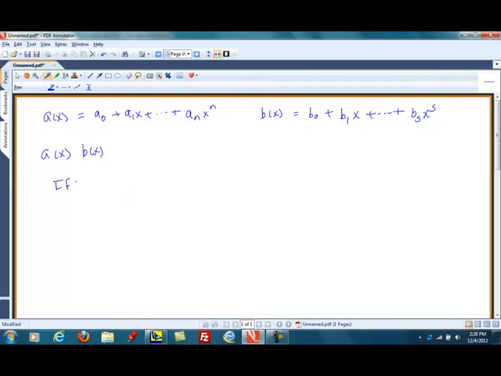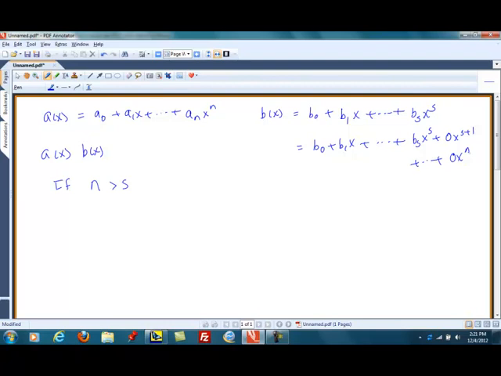So suppose n is bigger than s, then we're going to append onto the end of it, b of x will be b0, b1x, up to b_s x to the s plus 0 x to the s plus 1, and just put zeros onto the end so that you can take it up to x to the n, so it has the same number of elements. They do that to make the notation easy. So that's the first thing that they do, is they put those zeros on there.